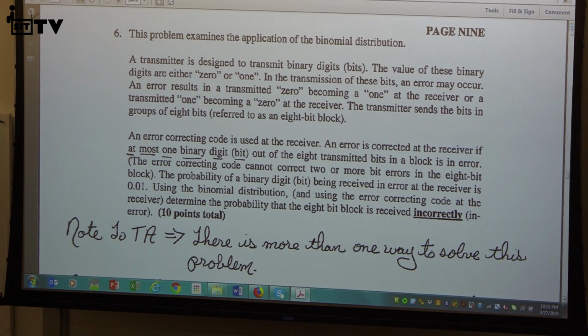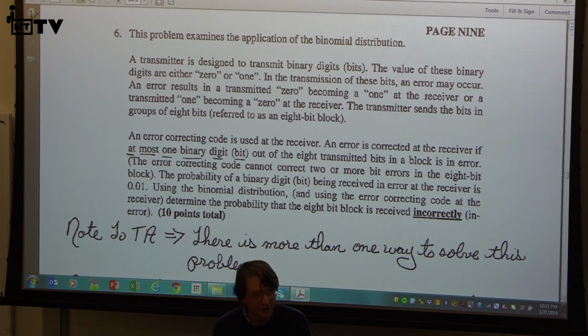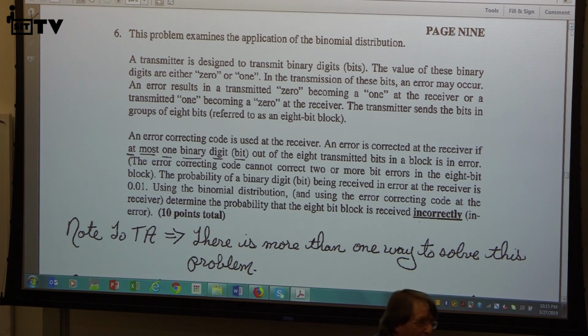The binomial distribution. Here's the problem for me with the binomial distribution. There are multiple ways to solve this because I could define a success one way, you could define it a different way. Let's see if this problem makes sense.